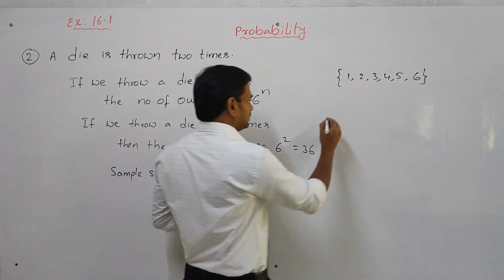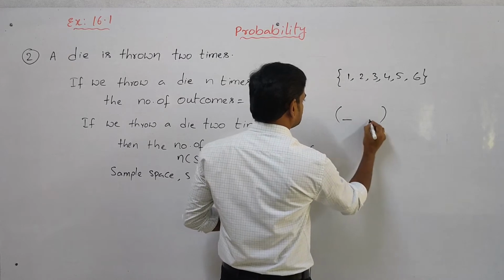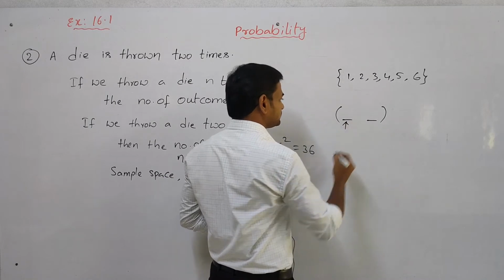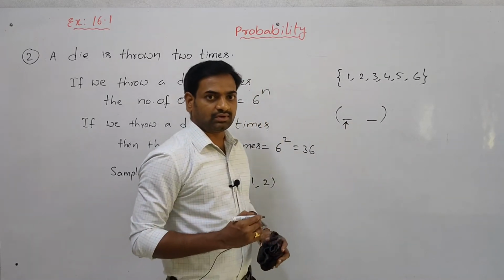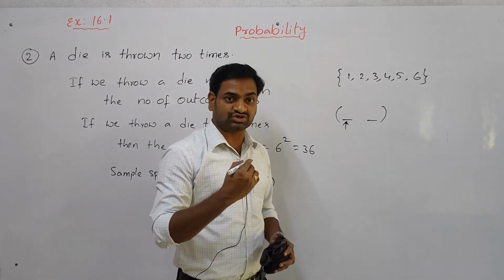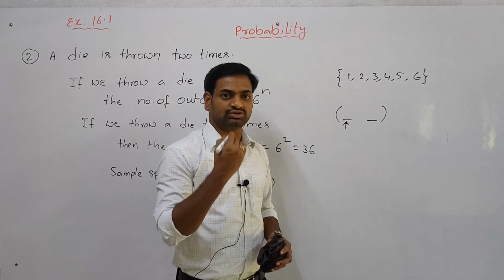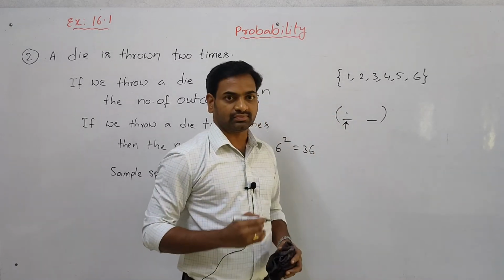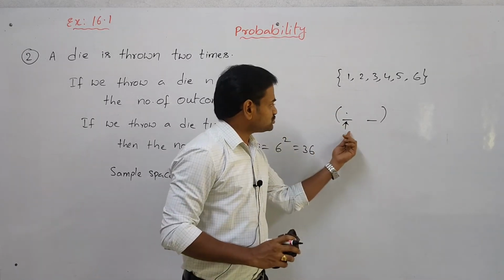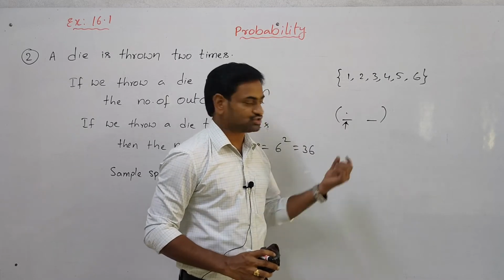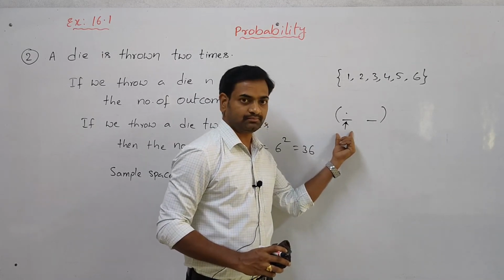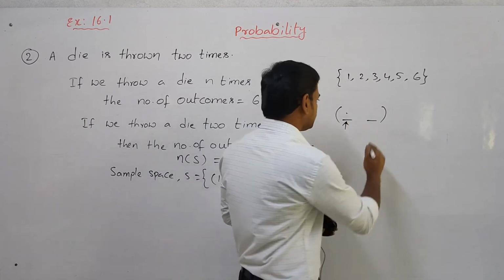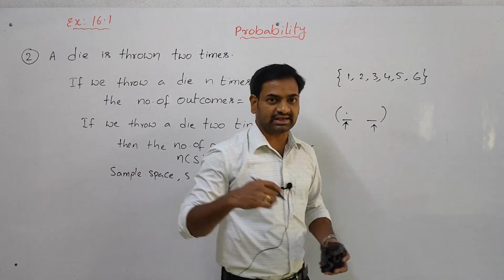That means in the ordered pair, there is a first element and a second element. The first element indicates the number that appears when you throw the die the first time. The second element indicates the number when you throw the die the second time. So in the ordered pair, the first one is the first throw and the second is the second throw.